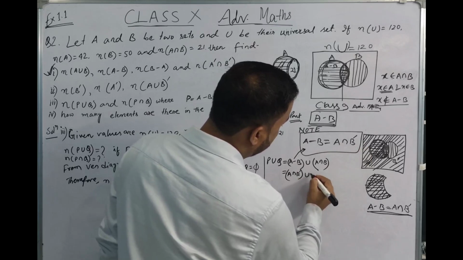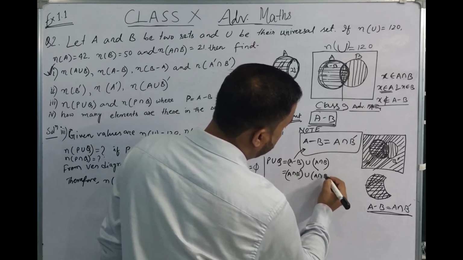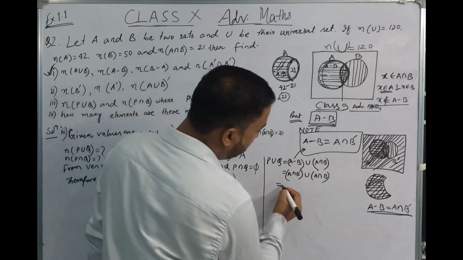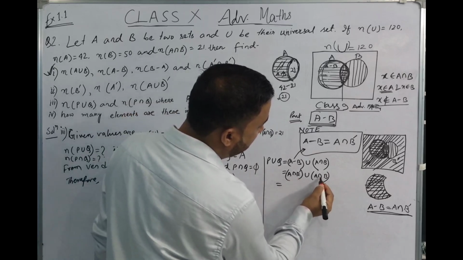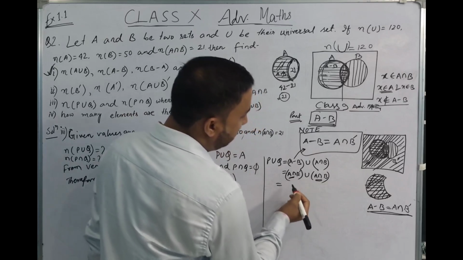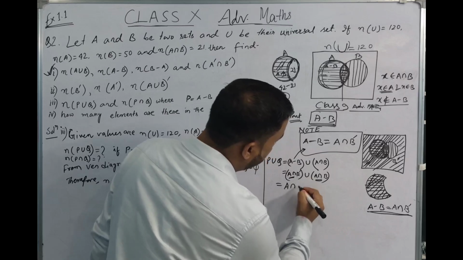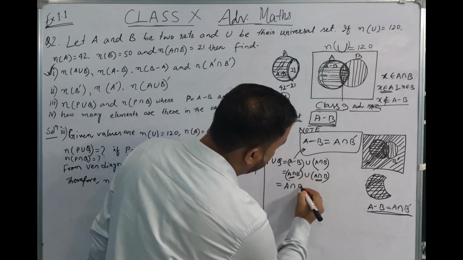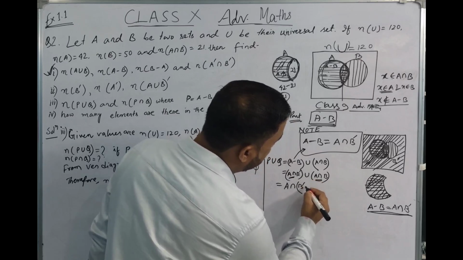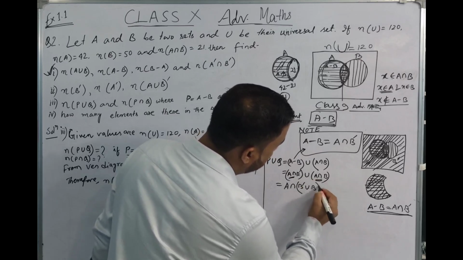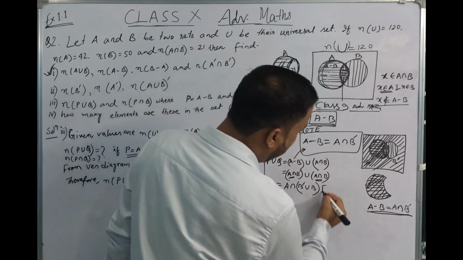Yes. Union A intersection B. Then here you see A intersection is common, right? Then we can take A intersection, then first B complement, then you take bracket, union B. You can tell me where I am getting this?